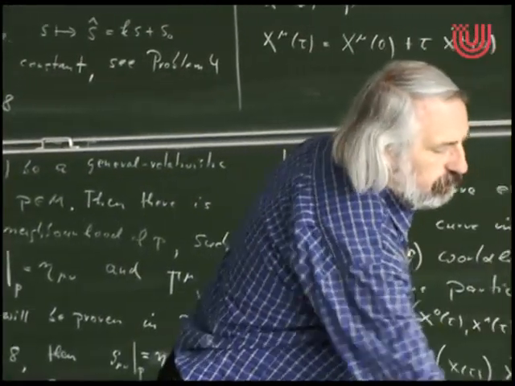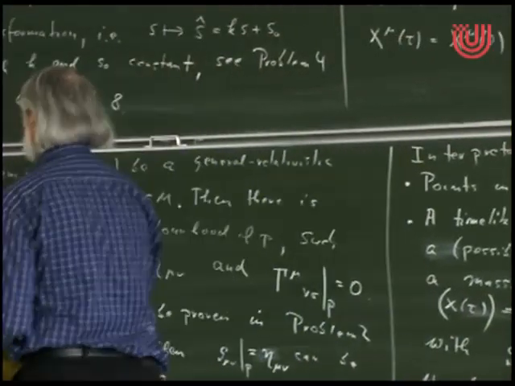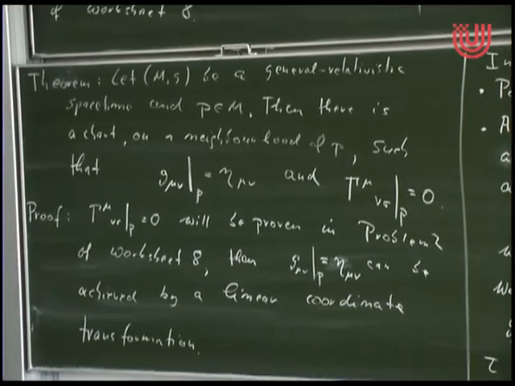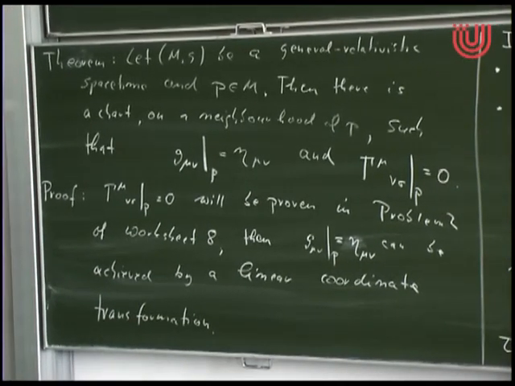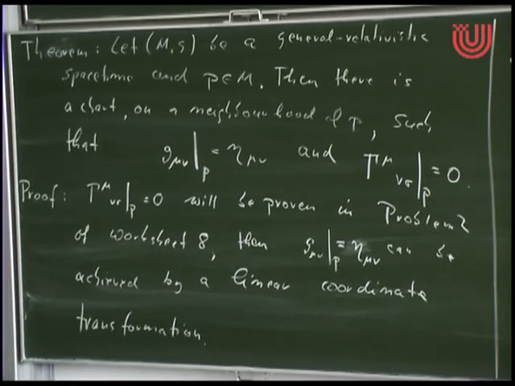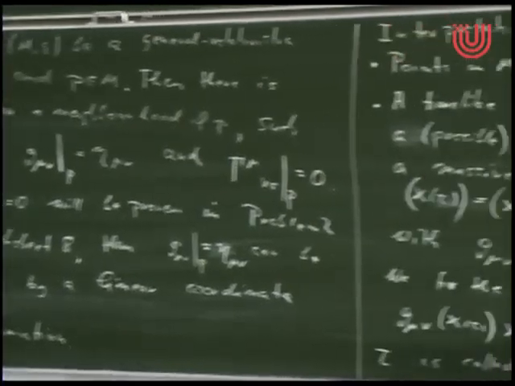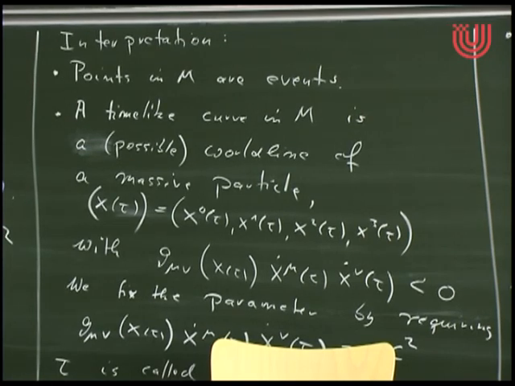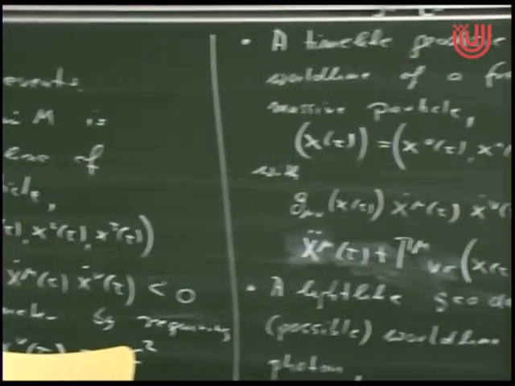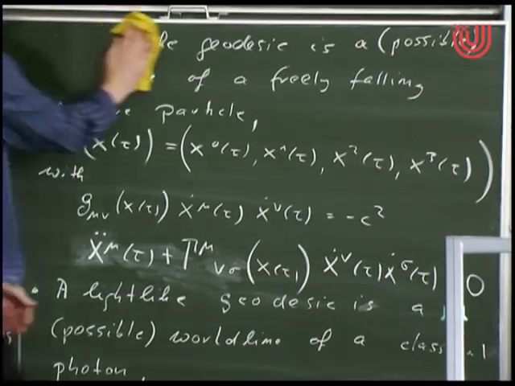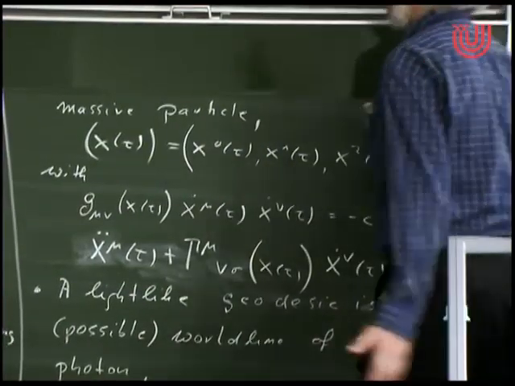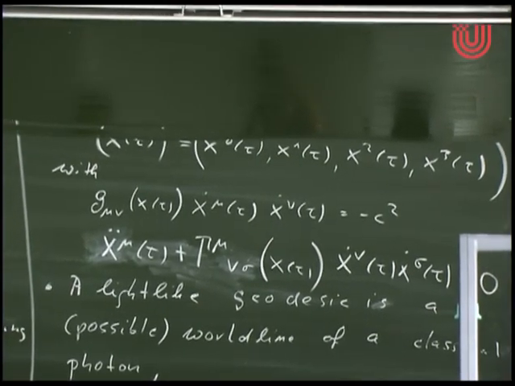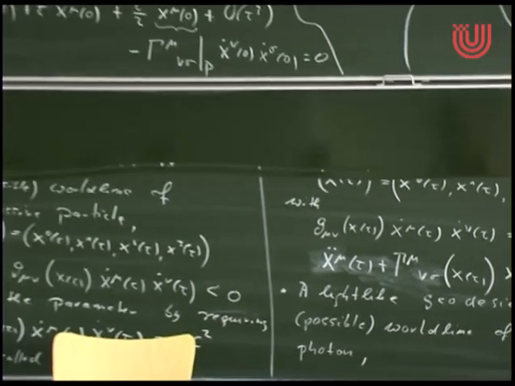Of course, we also want to consider fields on our space-time. So the question is, of course, we will again use the equivalence principle. That's the guiding principle for the whole theory. So we will ask ourselves, if we know a field equation, for instance, for the electromagnetic field, the Maxwell equation, or some other field equation, in special relativity, how do we transfer this into general relativity?